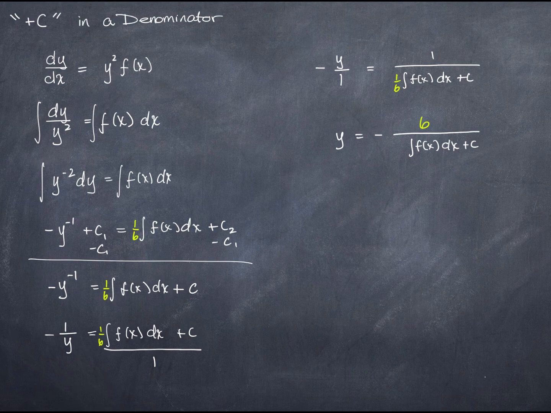However, I can't do it this way, because it's only this function here that's multiplied by 1/6. In order to do this algebraically, in order to move this to the numerator, I have to multiply the bottom and the top of my fraction by 6 each, that is, multiply that fraction by 6 over 6. That's what gives me the 6 in the numerator.